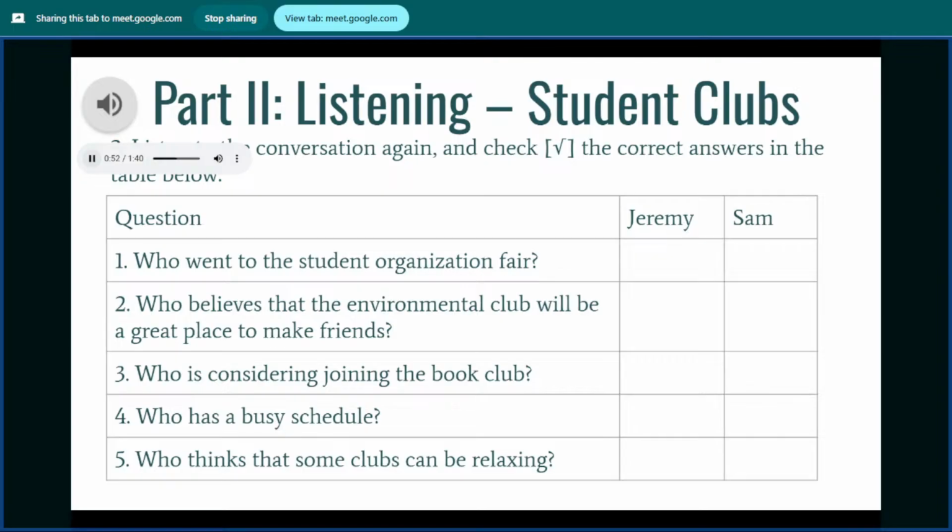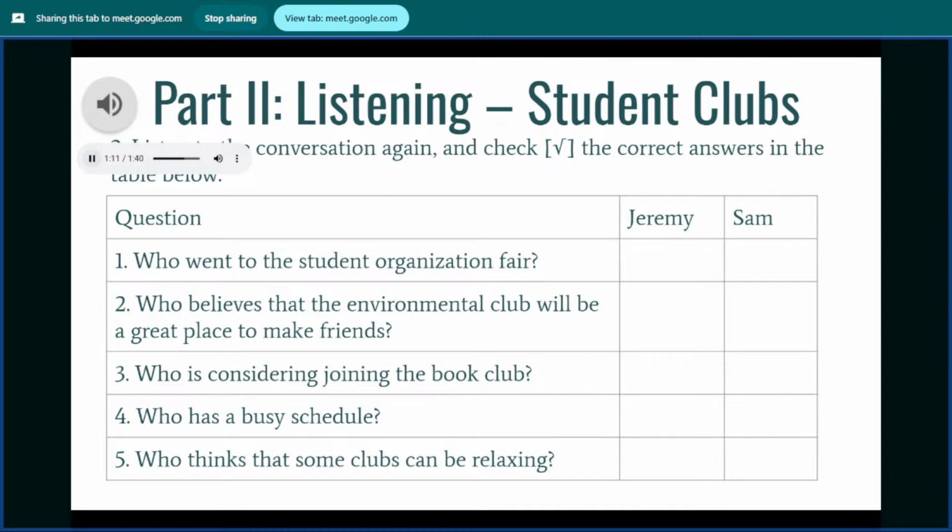I think that it's important to take care of our environment too. Yeah, and I believe it'll be easy to make new friends in this club. I mean, I met some of the club members, and they were pretty helpful and friendly to everyone who came to their booth. Anyway, do you want to join any clubs this year? Oh, that's a good question.